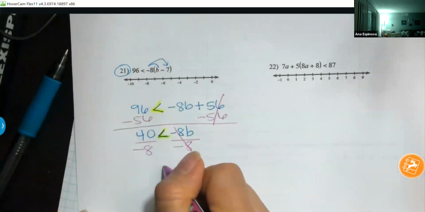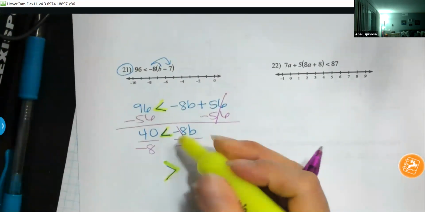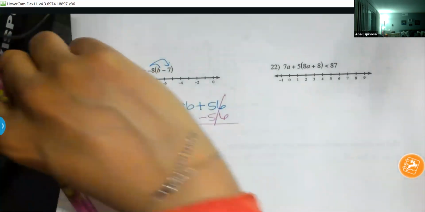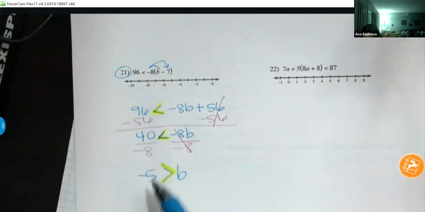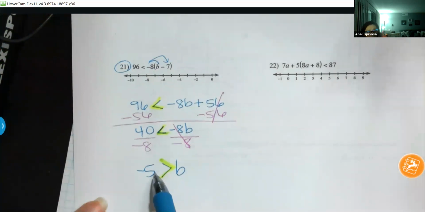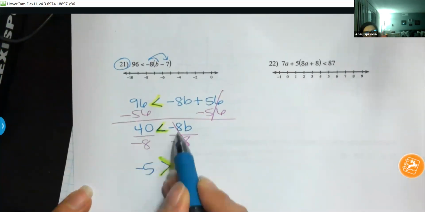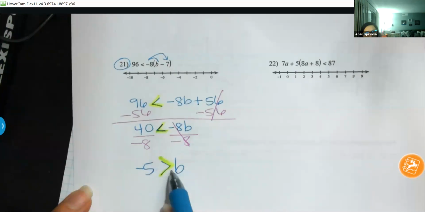Instead of now going this way, it's going to go that way. All right, so now you drop the variable and you divide, and it doesn't matter if the answer is going to be negative or positive on the other side. It just matters that when you divide by a negative, this inequality flips.